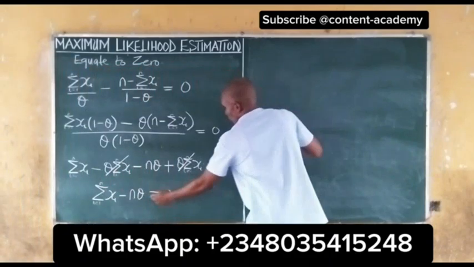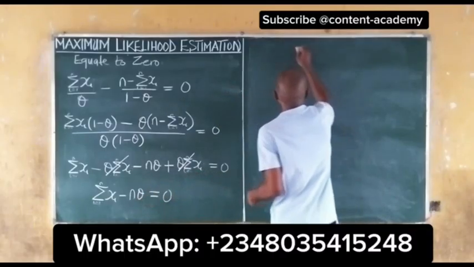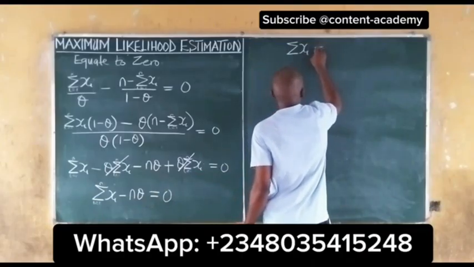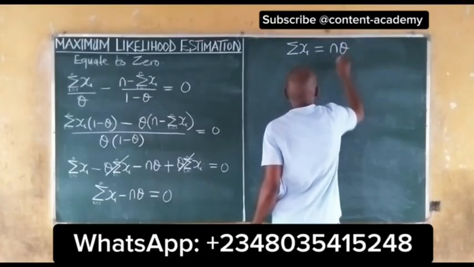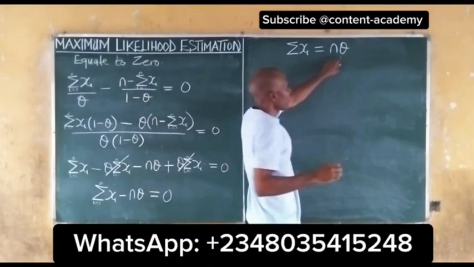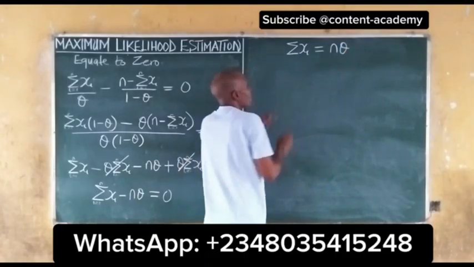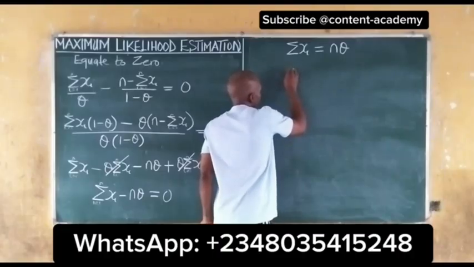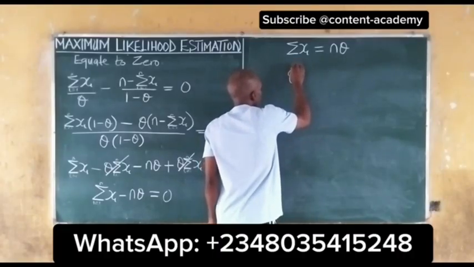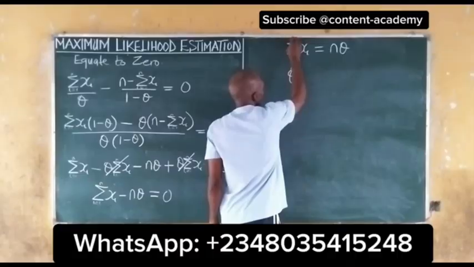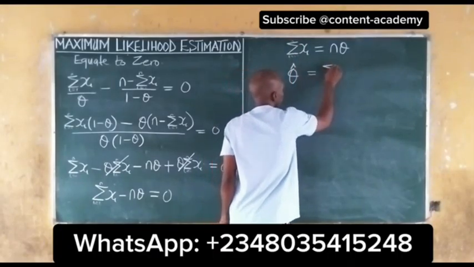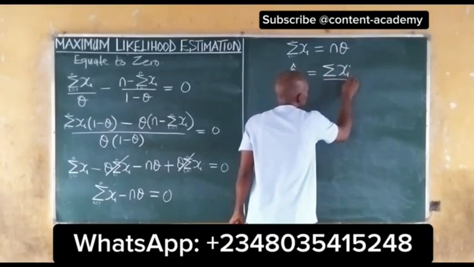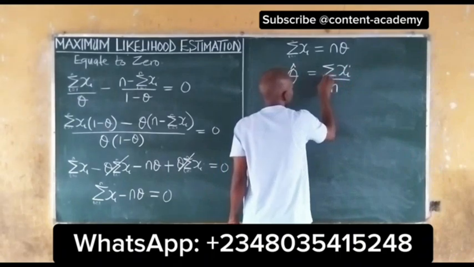Now, this can move over to the other side of the board to give us the summation of xi equal to n theta. Now we can make theta the subject of the formula. If you make theta the subject of the formula, you have theta estimate equal to the summation of xi all over n.